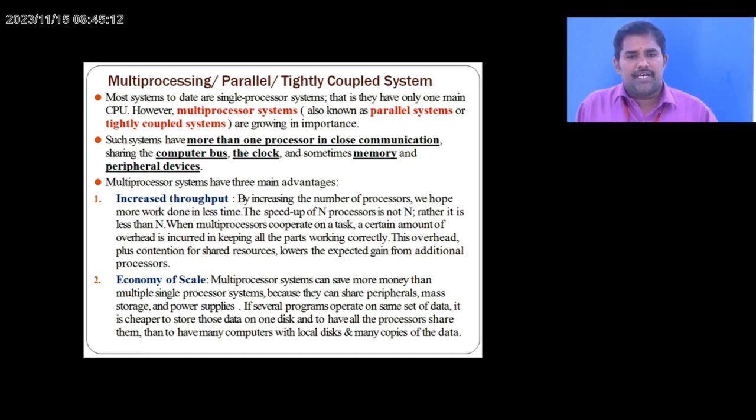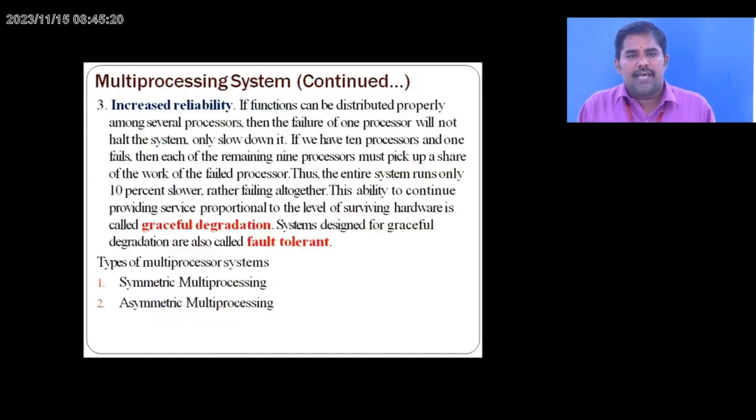We can use a single component for different systems, so we save money. Then increased reliability: if 10 systems are combined and work together, and one fails, the others take over the compensation. The remaining systems continue to work and compensate. That is called graceful degradation or fault tolerance.